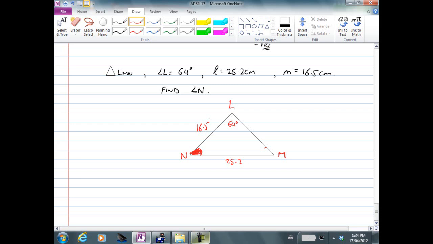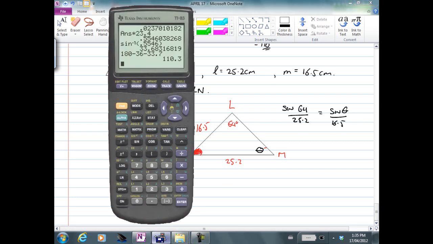Now, guys and gals, we're going to find angle N. To find angle N, you're going to need to know what this missing angle theta is first. So right off the bat, set up the question. Sine 64 over 25.2 equals sine theta over 16.5. And let's punch in our calculator right now.